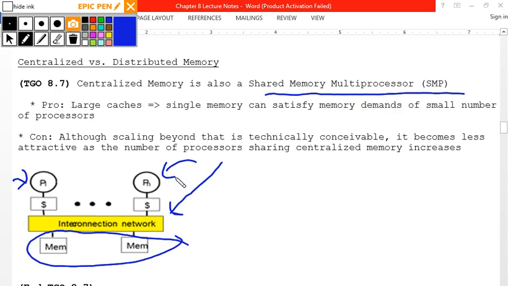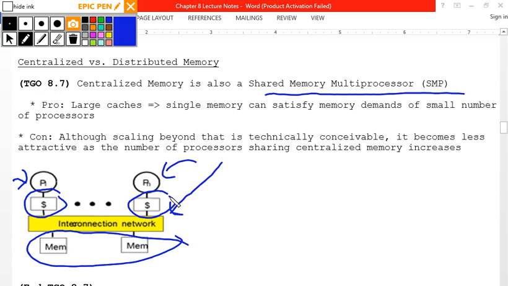And so what's going to happen is that each processor has its own cache. And so you can satisfy memory demands with a small number of processors just by doing proper cache allocation in centralized memory. So the definition here, the pro: large caches, single memory can satisfy memory demands of a small number of processors.